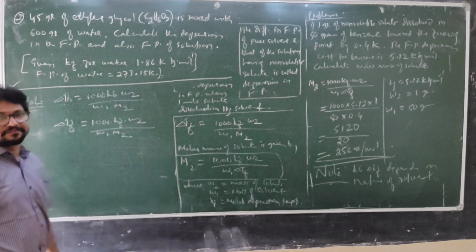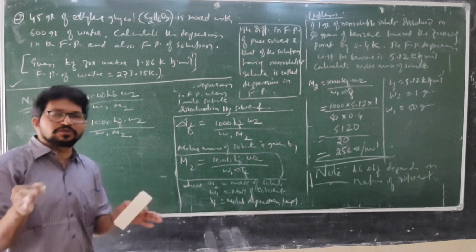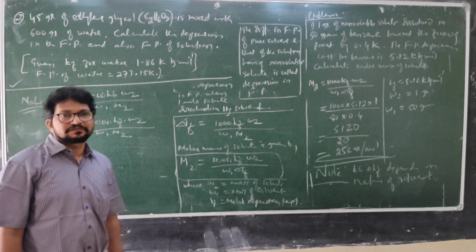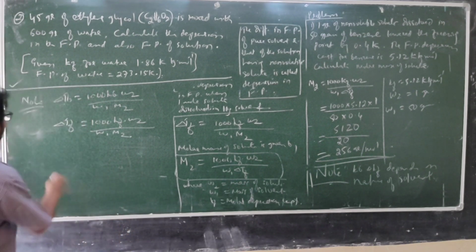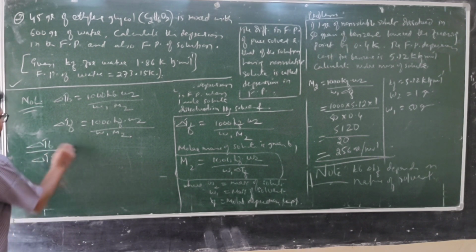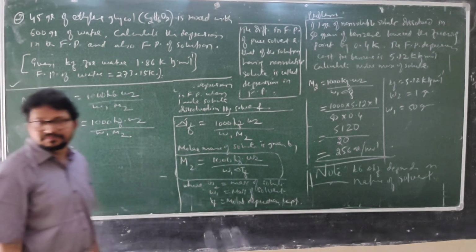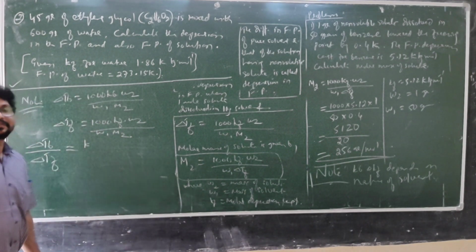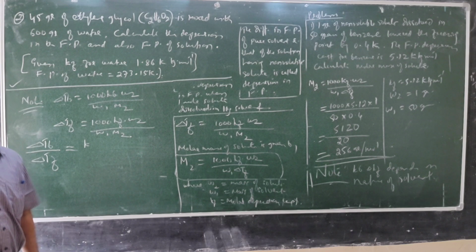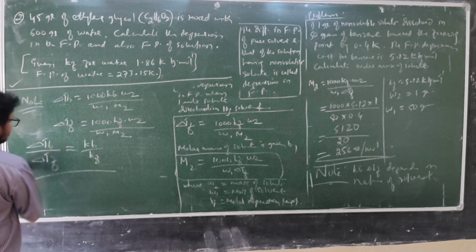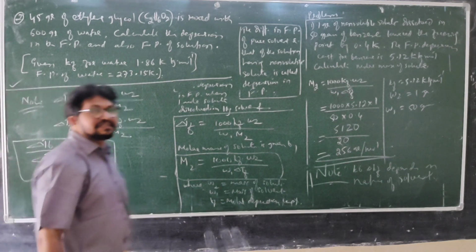So it means for the same amount of solute and solvent, if you do delta Tb divided by delta Tf, what will happen? This will be helpful to calculate problems. So this is Kb by Kf because other things are getting cancelled here.